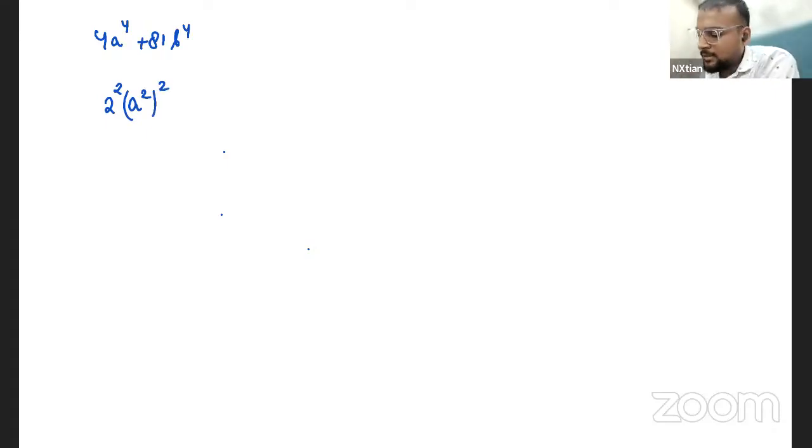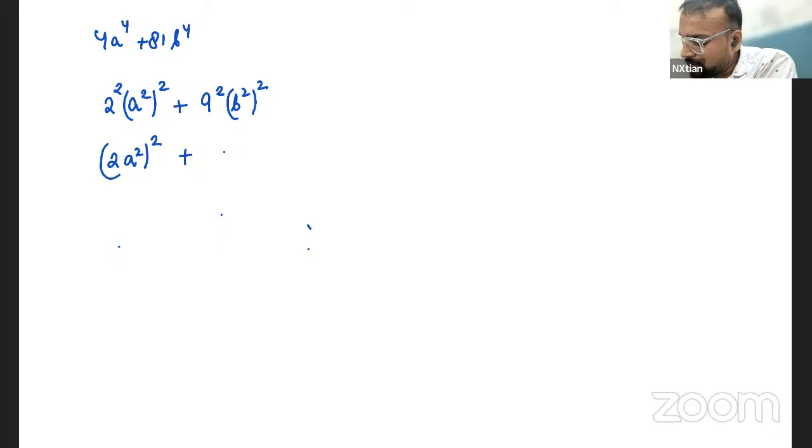Like this, can I write like this? In the same way, plus 81 can be written as 9 square, b square and square. Why did I write like this? Because I may have to make the same power of both the numbers, coefficient as well as variable. Understood? Now 2a square has the common power of square. In the same way, 9b square has a common power of square. Understood, guys? Yes or no?